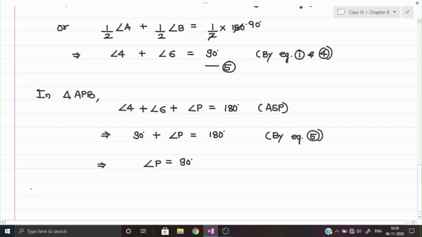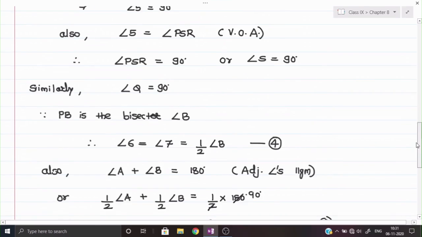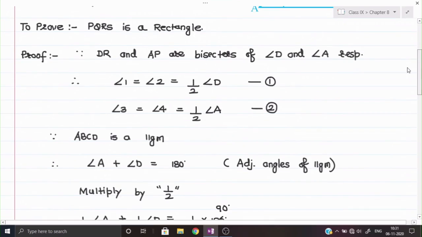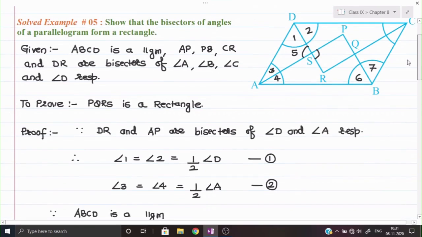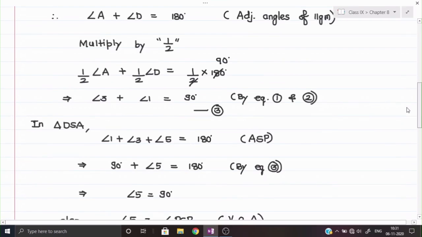Okay, and similarly in front of angle P we may have angle Q over there, or angle R will be there. Let us see who is in front of angle P here. In front of angle P is given as angle R. So angle R will be equal to also 90 degree.